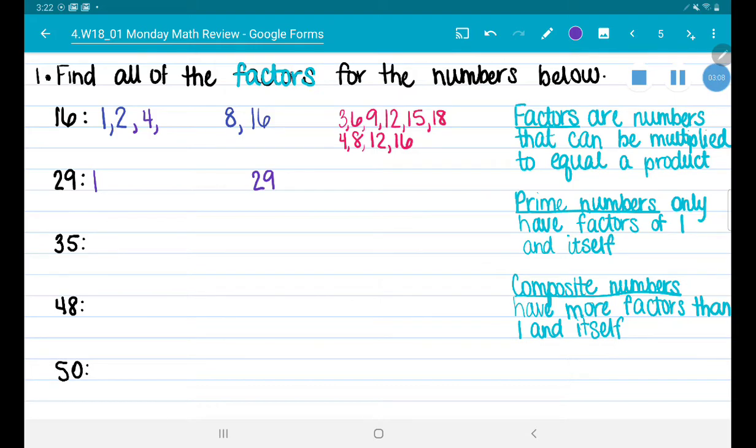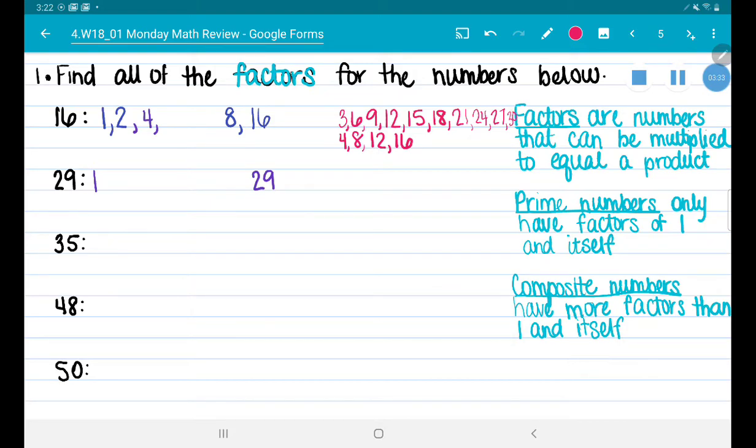So now I'm going to try 3. If I go back to my list of where I was skip counting by 3, I got 3, 6, 9, 12, 15, 18. 3 more is 21, then 24, 27, and 30.